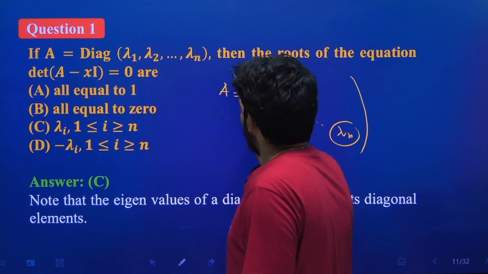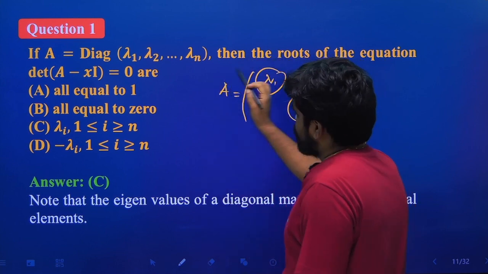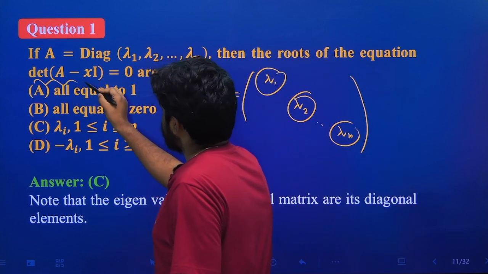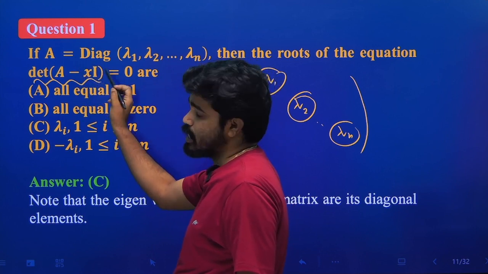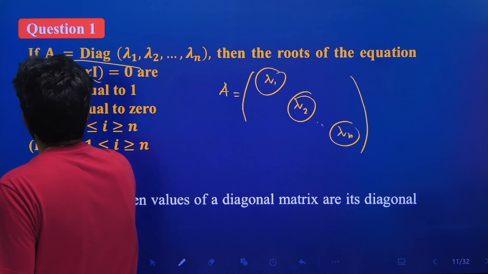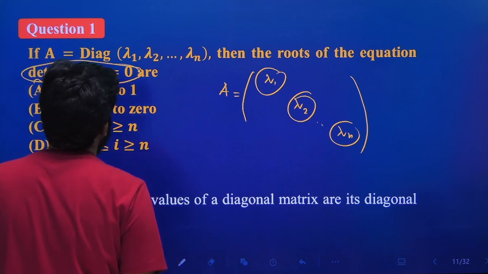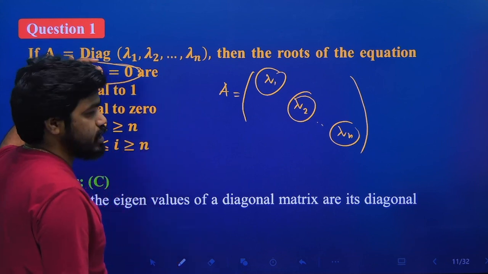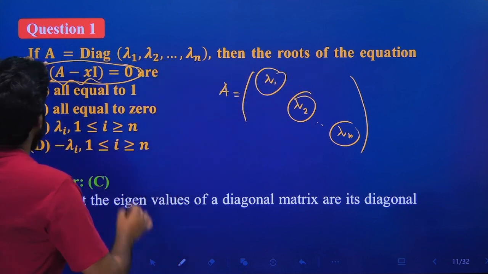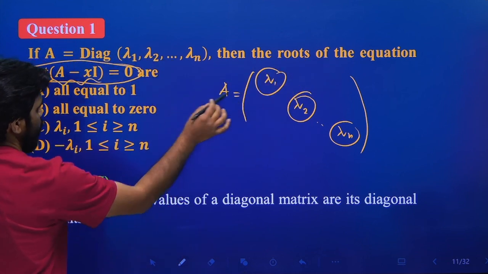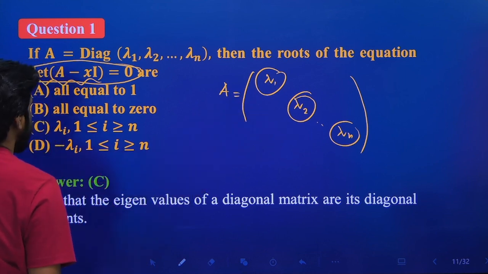Then the roots of the characteristic equation. This is the characteristic equation. Look, instead of lambda, it uses x here; instead of determinant of A minus lambda, x is used. So basically this is the characteristic equation. We know that the roots of the characteristic equation are called eigenvalues. Then what will the roots of this equation be? That is lambda 1, lambda 2, lambda n, right?